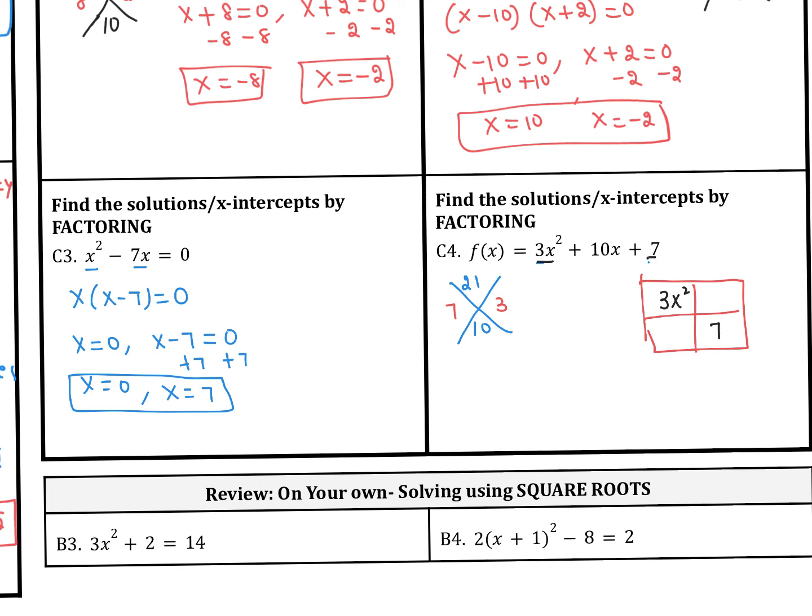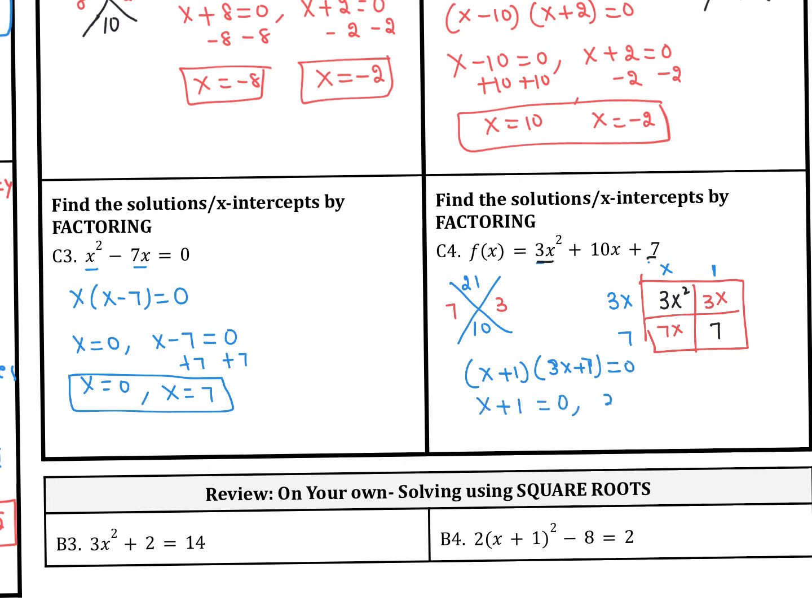And the numbers you found are 3x and 7x. GCF of the first row is 3x multiplied by x. Here is 1. So the two factors are (x plus 1) and (3x plus 7) equals 0.